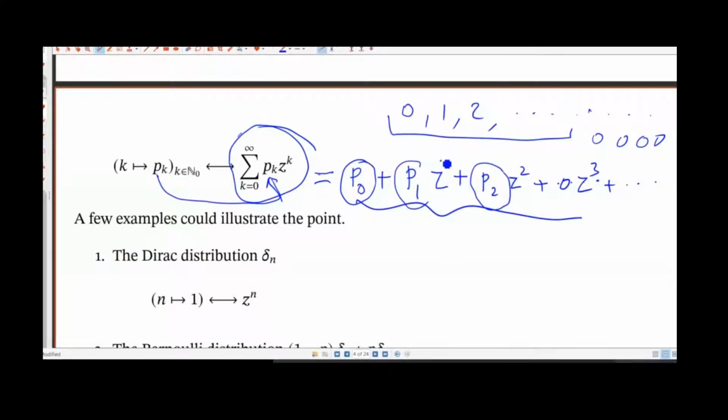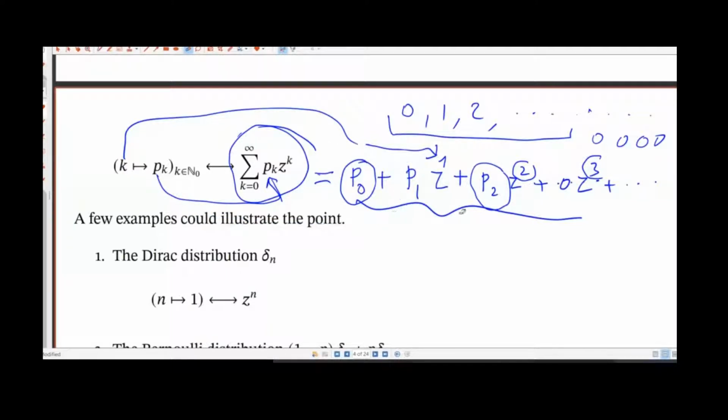They appear as exponents. So I have retained my values as exponents, and I have retained the probabilities as coefficients. Let's see this for a few simple examples.